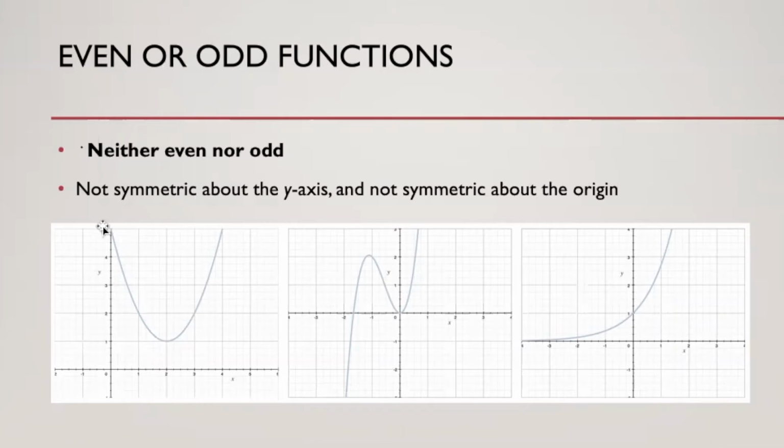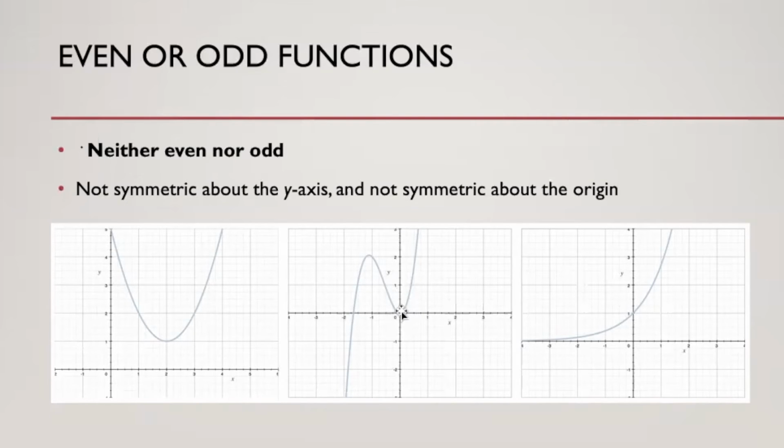Now, whenever it's not symmetric about the origin or the y-axis, then we consider it to be neither even nor odd. So it's not symmetric about the y-axis and not symmetric about the origin. That's why it's neither even nor odd. So this is not symmetric. Here we can see it's not symmetric around the origin.